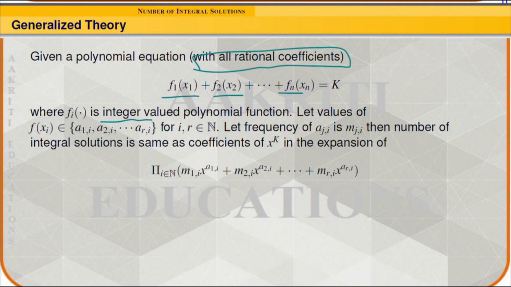So f of xi takes values a1i, a2i, ari, and each aj has the frequency mji. Then we need to find the coefficient of x raised to the power k in this expansion. So this will be the desired result.